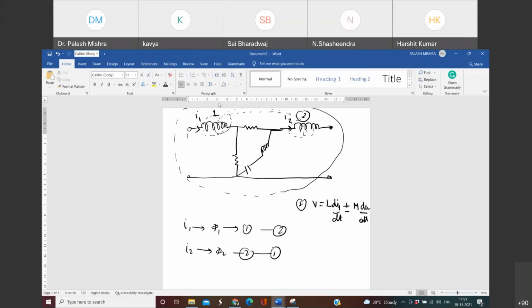The voltage across the inductor will be the addition of the self-inductance term, which is generated by default, plus the flux which is linking in the first coil because of the second coil. That is given by M times di2 by dt. You got it? Anyone has doubt in this? This will be the voltage across coil 1.